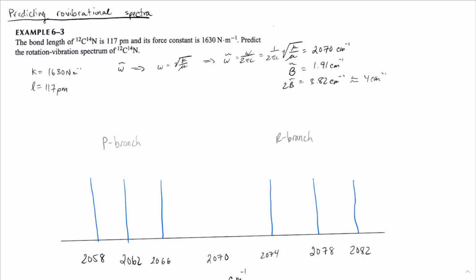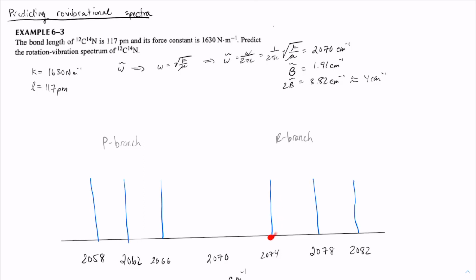The way that I try to keep these straight is to just remember that the R branch is to the right. When you lay this out in terms of energy, the R branch sits to the right of omega tilde, and the P branch doesn't, I guess. The actual intensities here, or the sizes of these lines, are more complicated to predict, and they include details about the dipole moment of the molecule, its temperature, and things like that we're not going to try and predict outright.